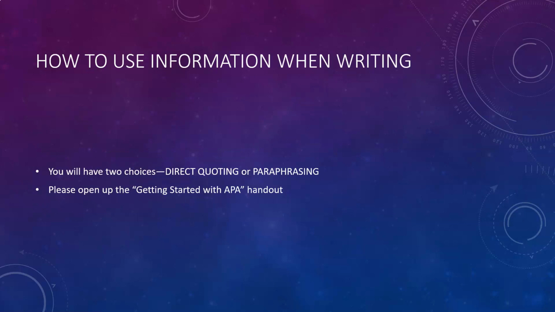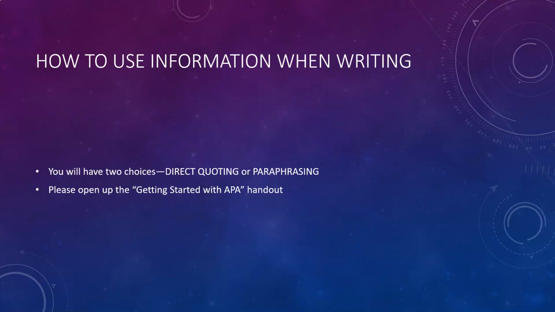So let's start talking about how you're going to use information when you're writing. When you're doing up an assignment or an essay for a class, or when you're writing later on as a working professional, you're going to have two choices for how you present information that you've gathered from your research.